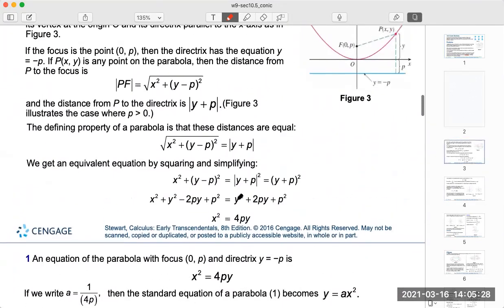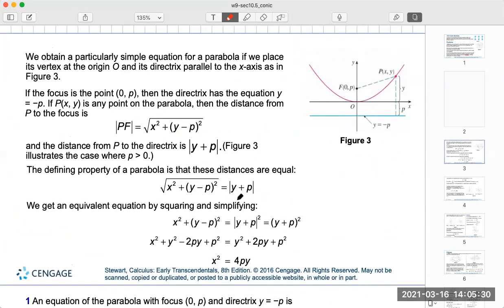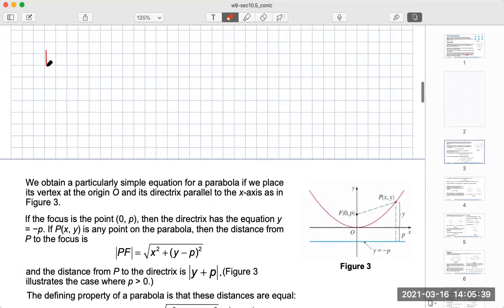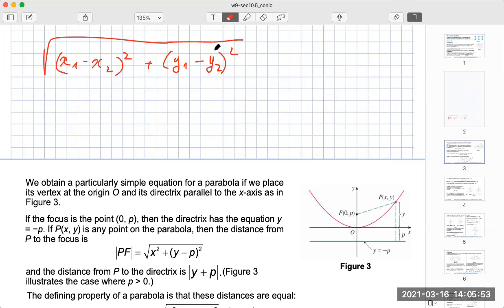So anyway, from the 3D case, the distance of 2 points will be the square root of (x1 minus x2) squared plus (y1 minus y2) squared, right? The distance of 2 points, in this case, in 2D.